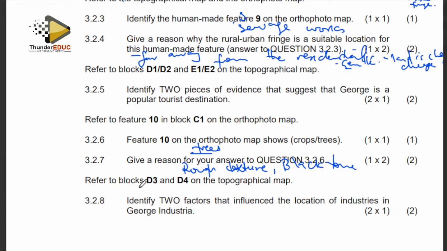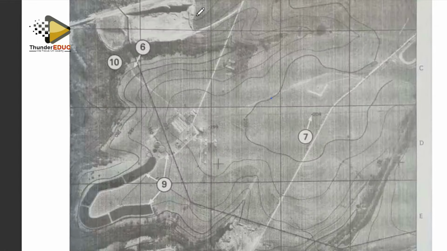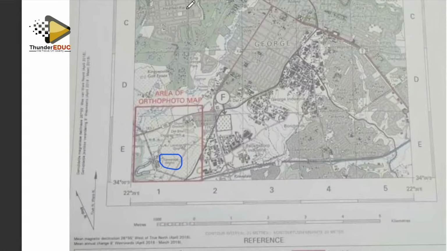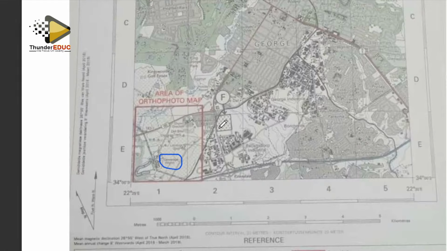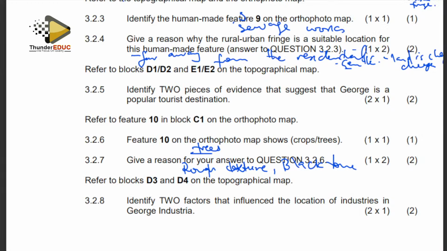Then refer to block D3 and D4 on the topographic. That means this time around we are using the topographic. Identify two factors that influence the location of the industries in George Industrial. We say D3 and D4.